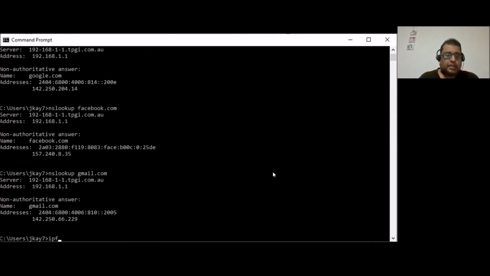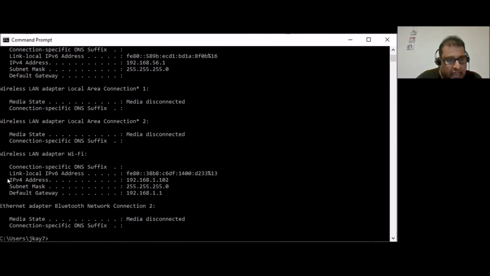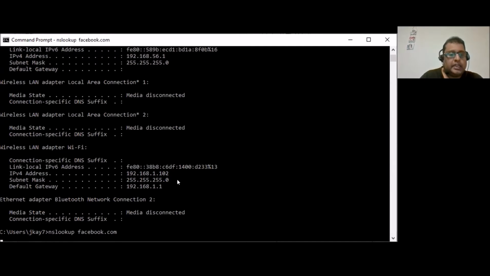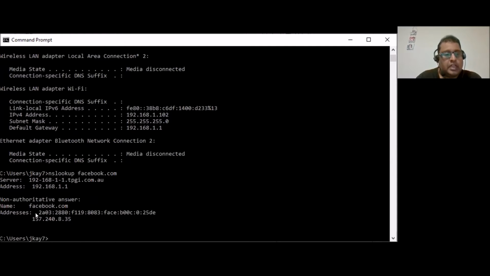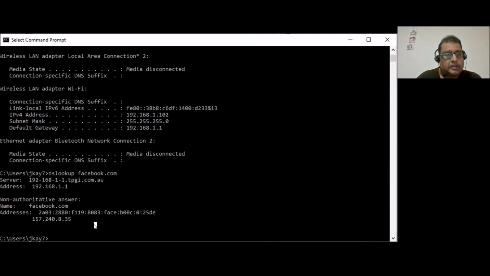When I did ipconfig on my computer, it gave the IPv4 address as 192.168, but when I did nslookup facebook.com, I got this, right? And this, all right? What it means is that this is the IP address.